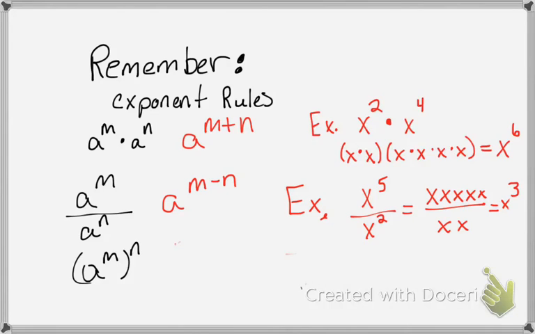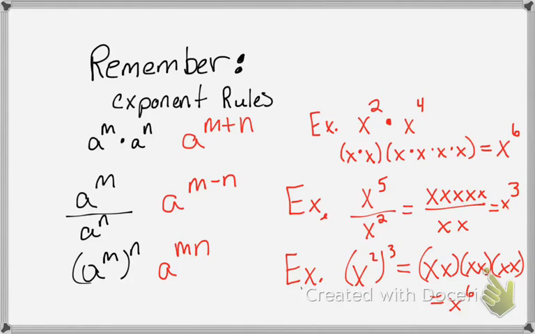The last rule is if I have an exponent and I take that exponent to a power, I multiply the two exponents together. As a basic example, if I have x squared and I cube that, I have 3 groups of 2 x's. That gives me a total of 6 x's when I count them all up.